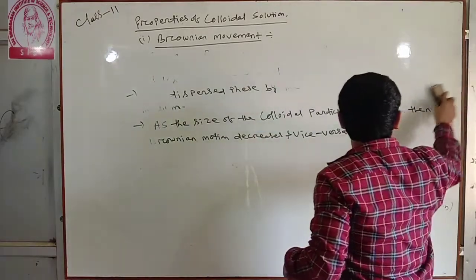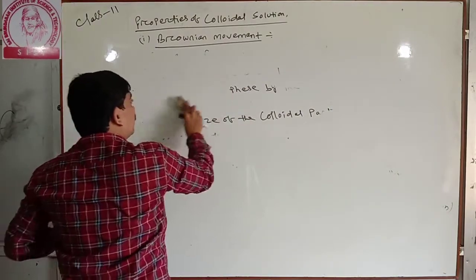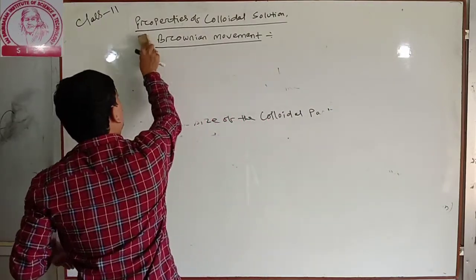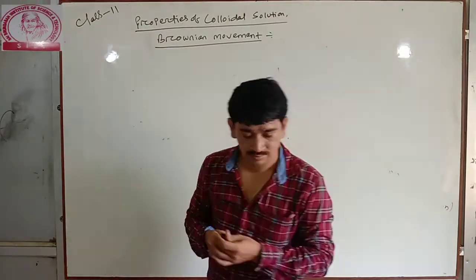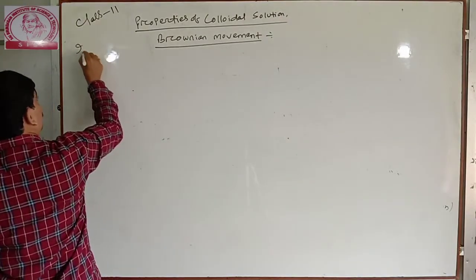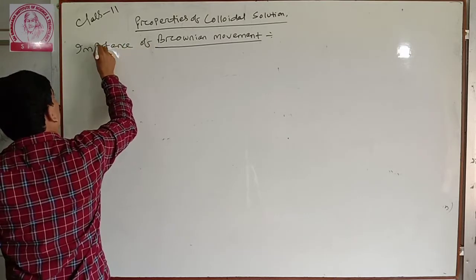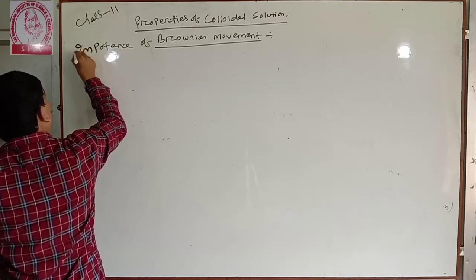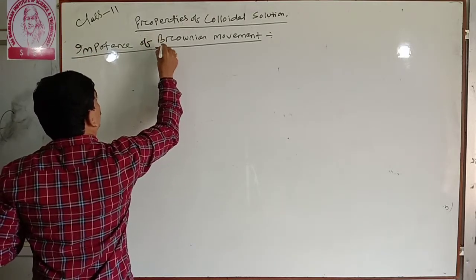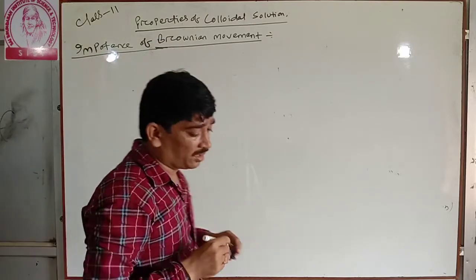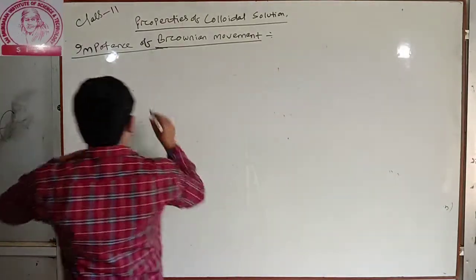Importance of Brownian movement: it explains the stability of the colloidal solution. Very important point. Only one importance point.